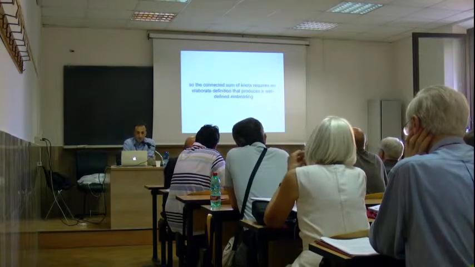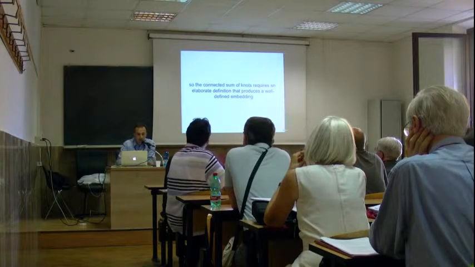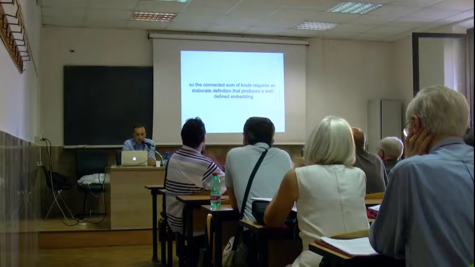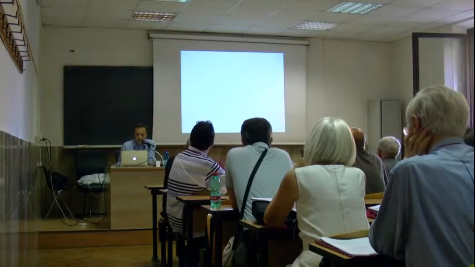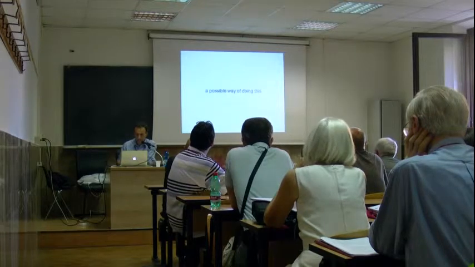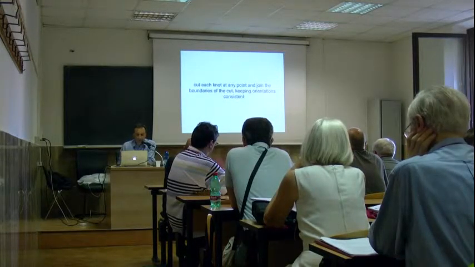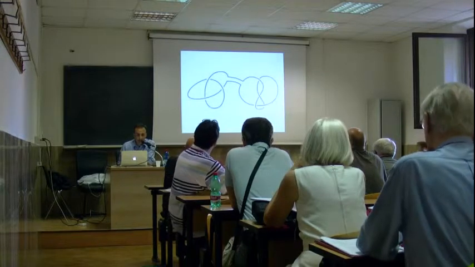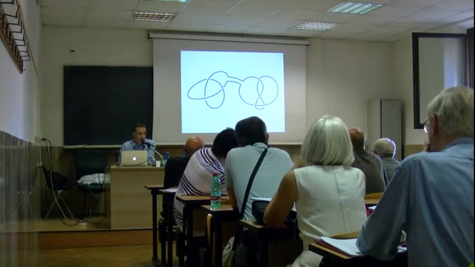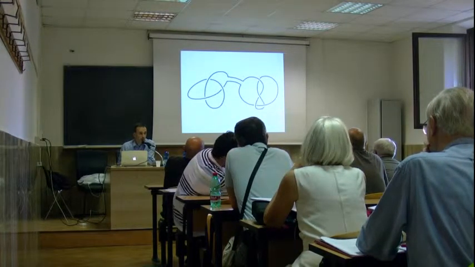So the connected sum of knots requires an elaborate definition that produces a well-defined embedding. And a possible way of doing this is to cut the knots at any point and join the boundaries of the cut, keeping orientation consistent. And so you have something like this. That's a possible way of connecting knots.